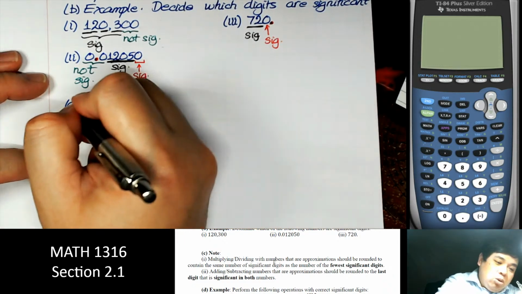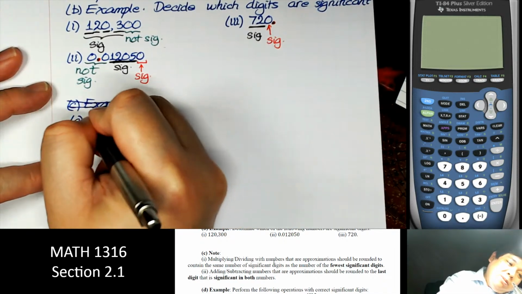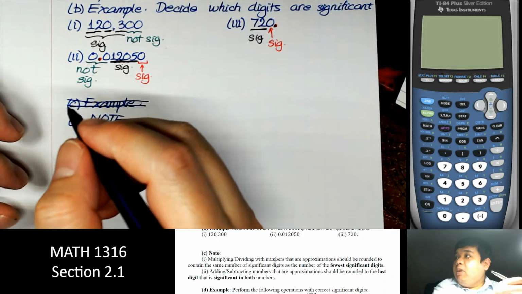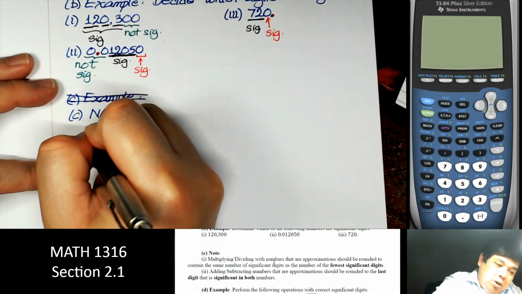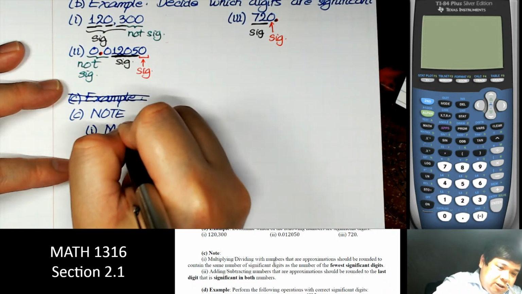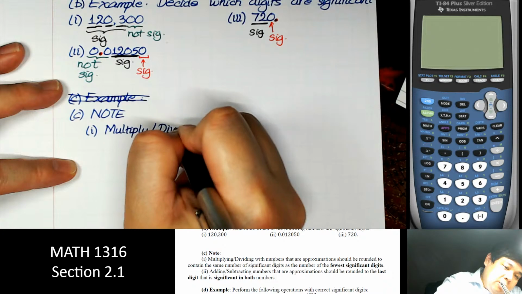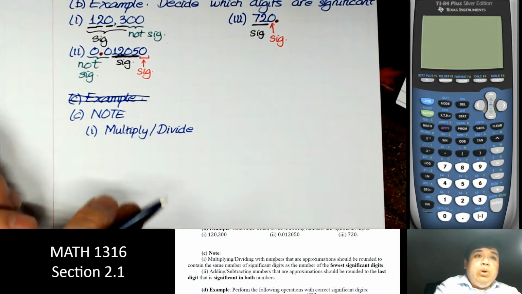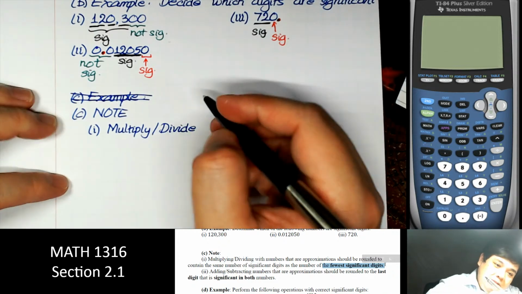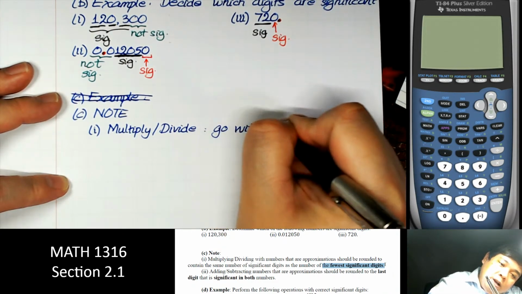Oh, the notes. So, the first one, when we multiply or divide, the result should go with the fewest significant digits.